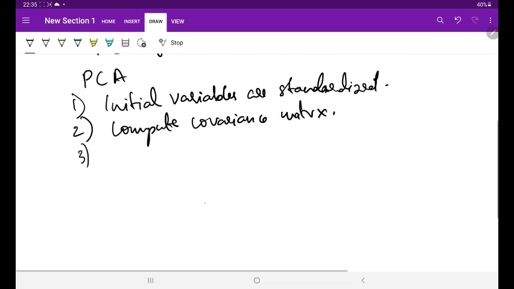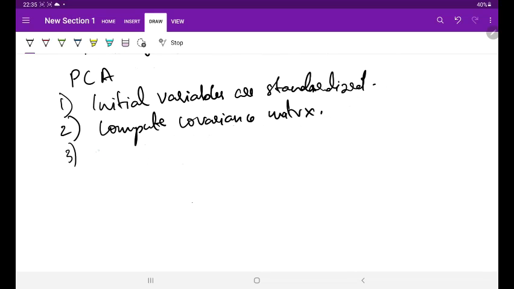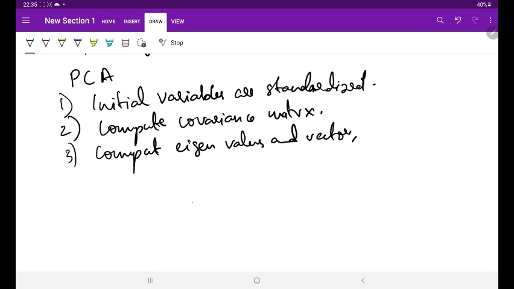The third step is to compute the eigenvalues and eigenvectors of the covariance matrix, so that we can identify the principal components.